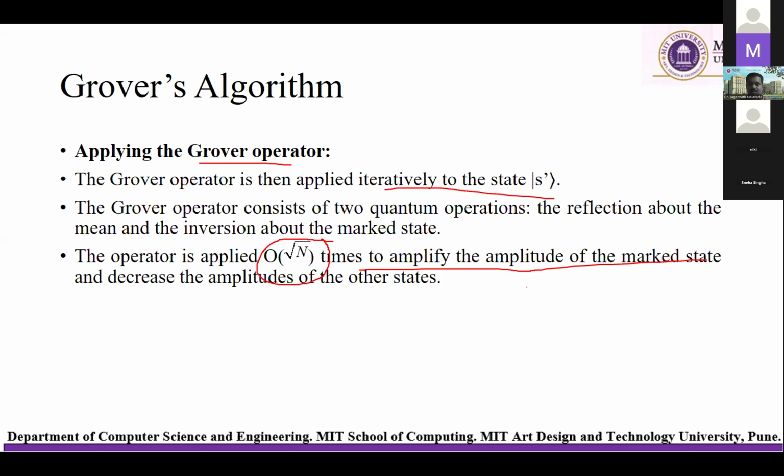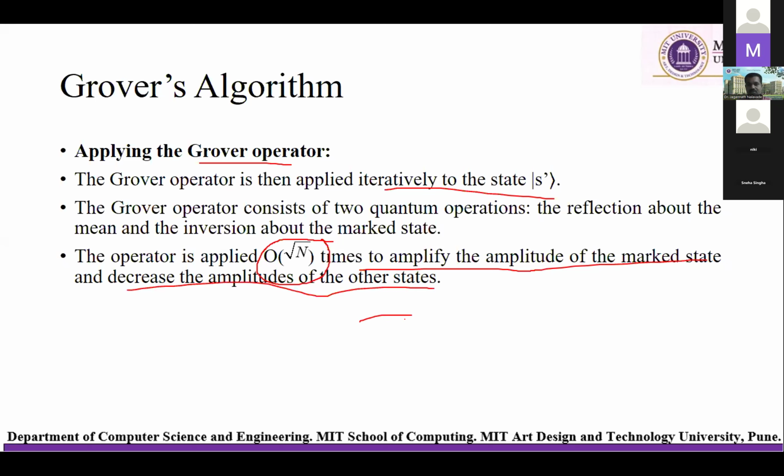Once this particular state is marked, marked means it will be just a flip of that particular result. Then only the marked state will be amplified, which means this many number of times we can amplify that flipped state, and it decreases the amplitude of the other states.